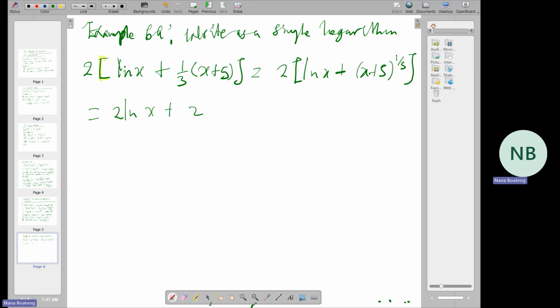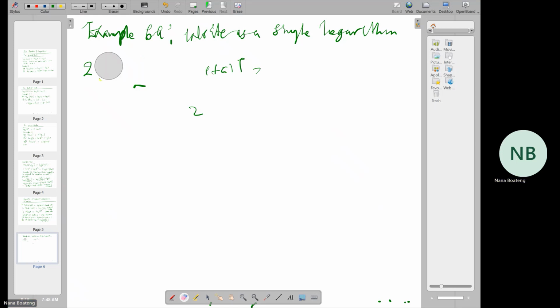I did not write the question well. Yeah, I think I made a mistake in the question, so let me clean that up. Let me write the question properly. This is supposed to be 2 log of x plus 1/3 log of x plus 5.